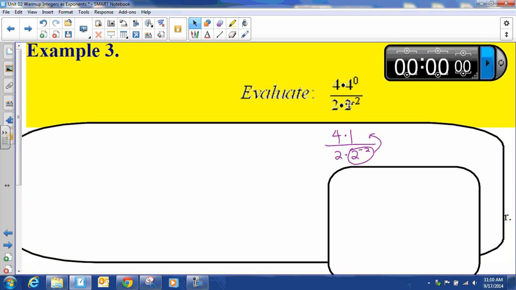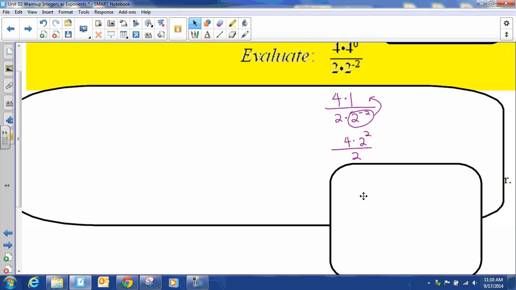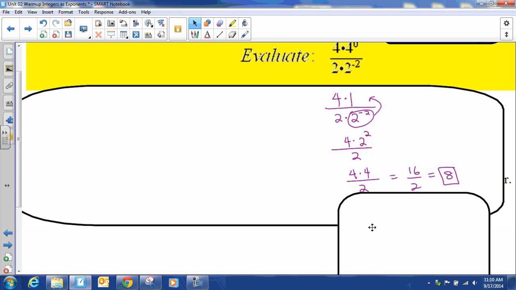The reason why we want to do that is because whenever you evaluate or simplify an expression with negative exponents, you must make them all positive. So we want to bring this up to the top, to the numerator. We end up with 4 times 2 squared over 2, which is really 4 times 4 over 2, which is 16 over 2, which is 8.